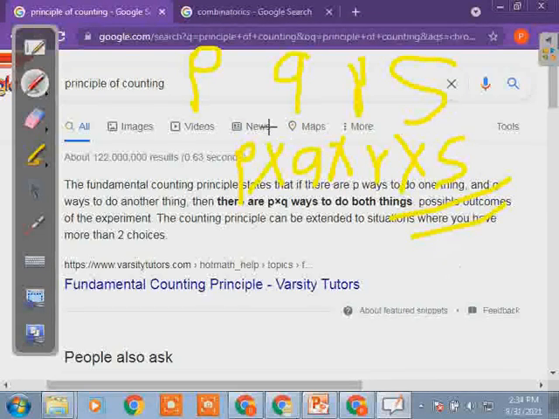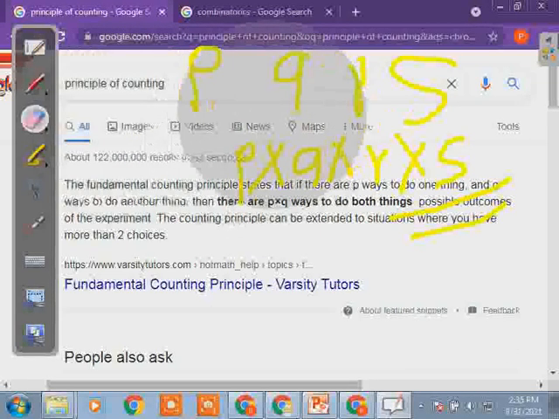So we can generalize this for any number of terms, as Google says, and we can also check it experimentally like I did earlier.